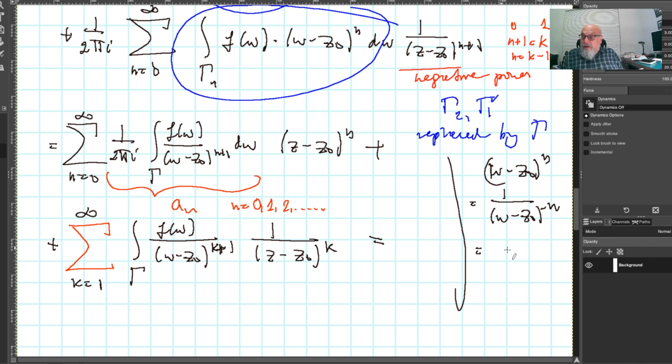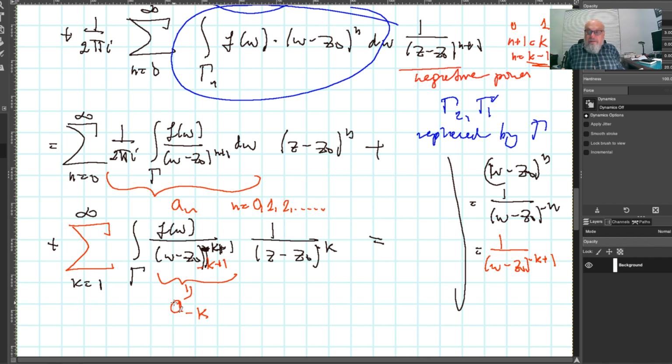This is minus k plus 1. So I'm getting 1 divided by w minus z0 to the power minus k plus 1. Very good. So that is my coefficient, which will be a to the power minus k. This is my coefficient k.